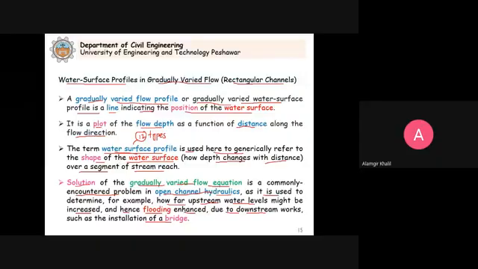So we are interested to know how far upstream the water level will increase.